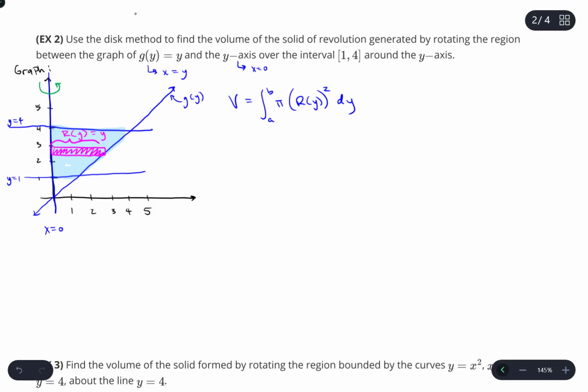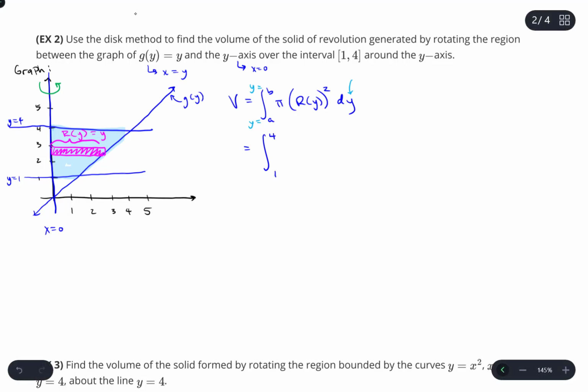That's pretty straightforward. So this is going to integrate, and remember, since this is the variable y, these bounds of integration are functions of y. So we integrate on the y-axis from 1 to 4.